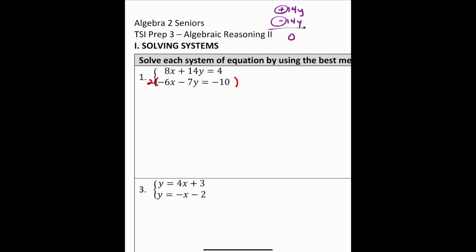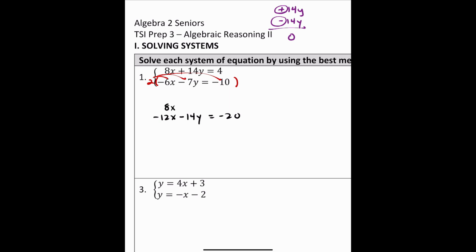So if I distribute the 2 to each term, well, I am left with negative 12x minus 14y equals negative 20. And then I'm going to rewrite the first equation that's up top.